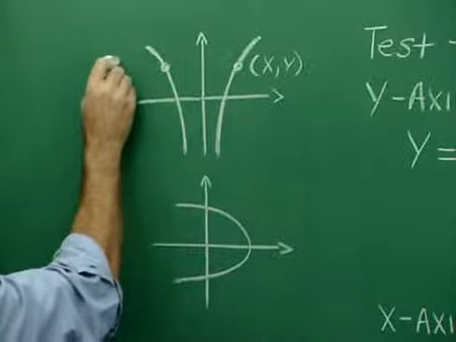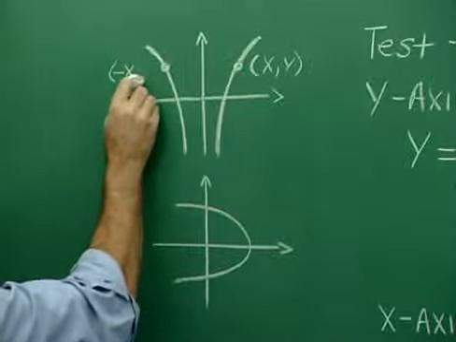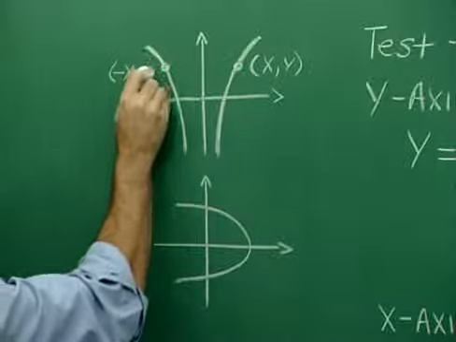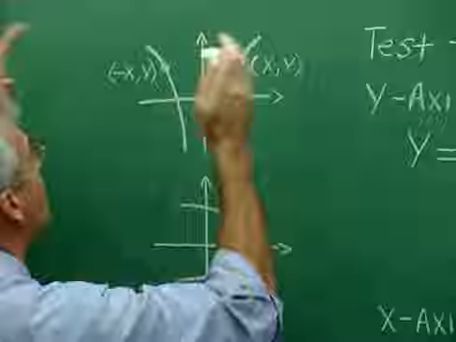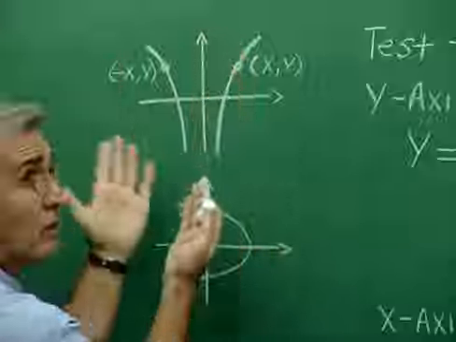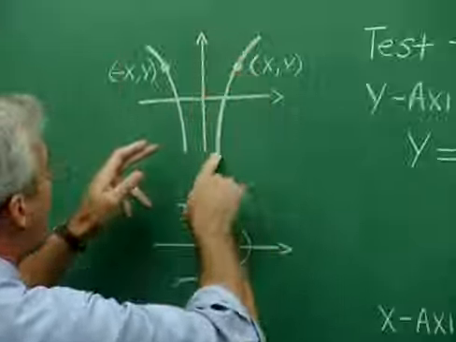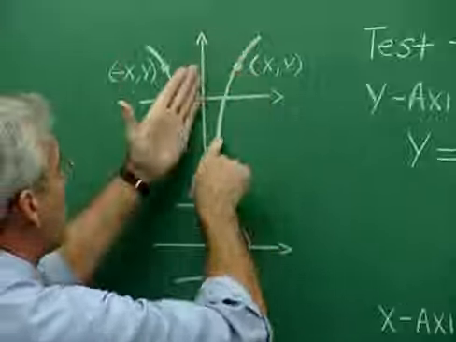So the coordinates here are negative x, y, and the y component stayed the same. This characteristic is true for every single point on the graph. If we take any point over here, it could be this x, y. And therefore, if x, y is on the graph, then also negative x, y is on the graph. And that will become our algebraic test.